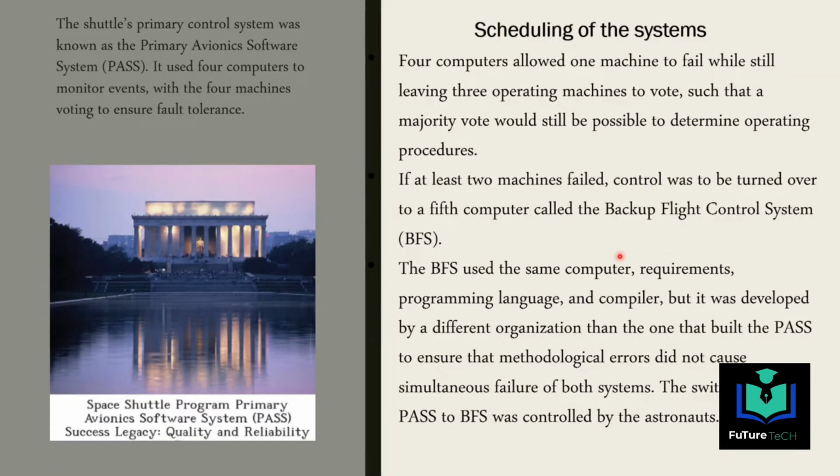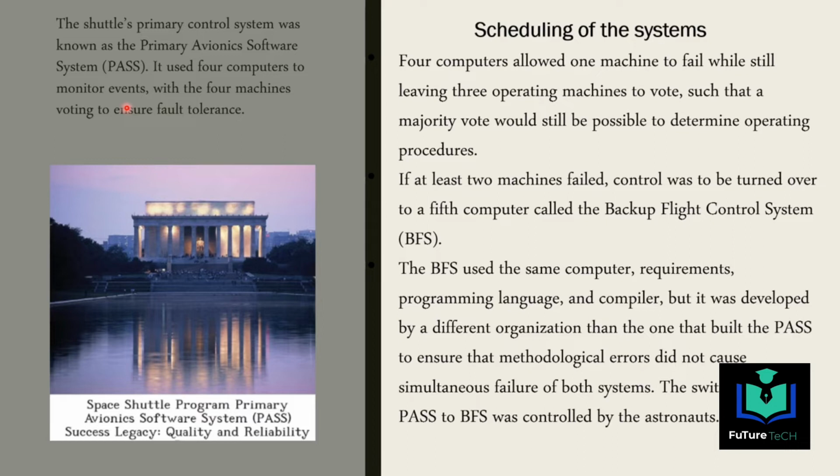So you see the scheduling of the system, how they scheduled the jobs. The shuttle's primary control system was known as the Primary Avionics Software System, or PASS, which is used for controlling 4 computers to monitor the events.